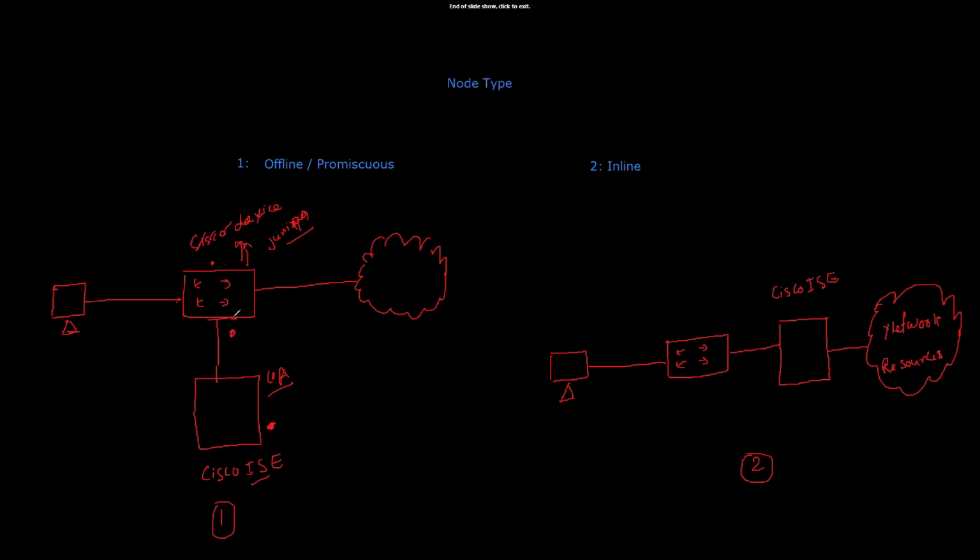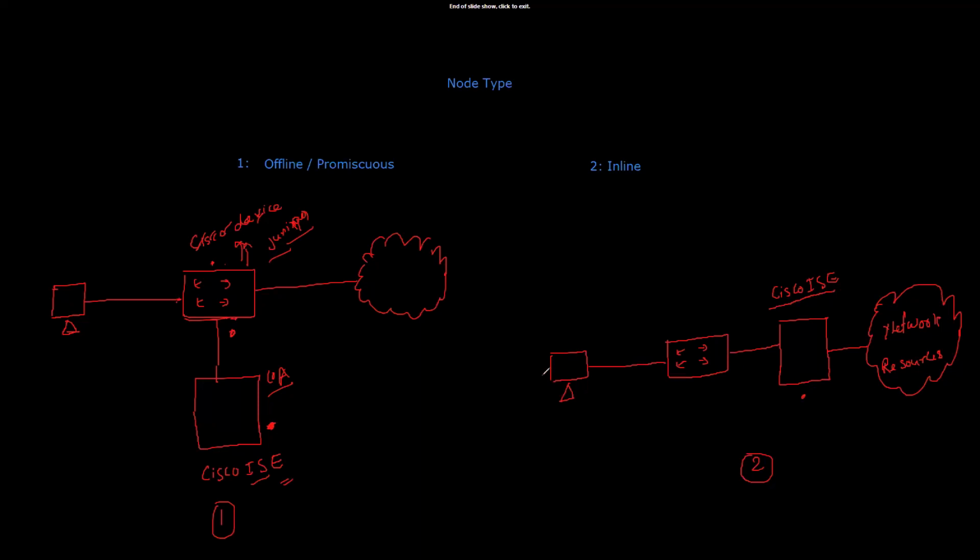In that case, what would happen? ISE does not have control. All the control goes to the switch, because the switch is not following the instructions ISE is providing, because it's not compatible. In that case, you could deploy the ISE device inline.